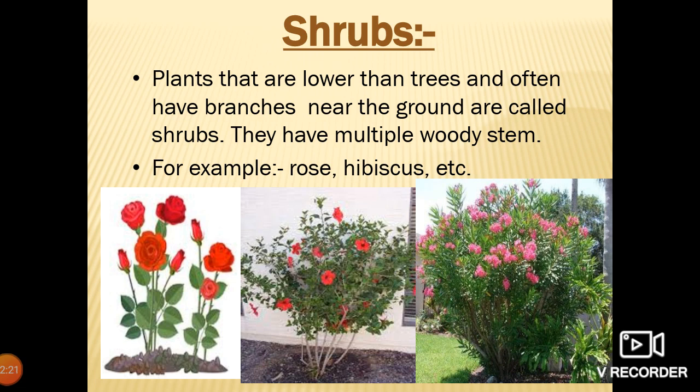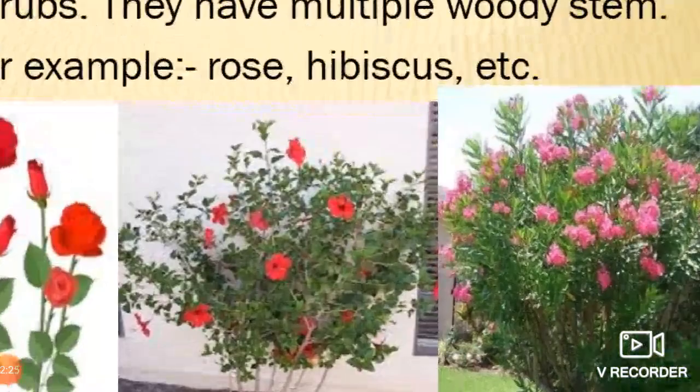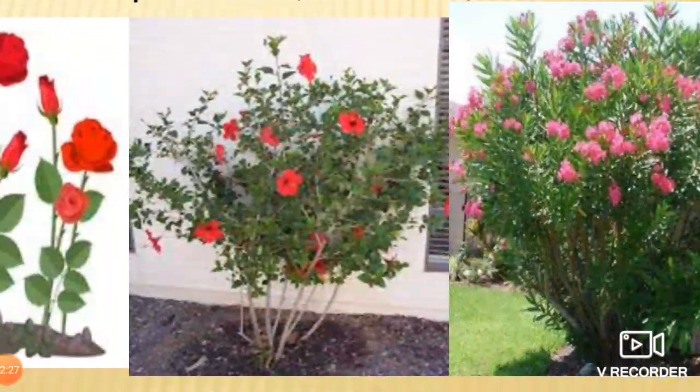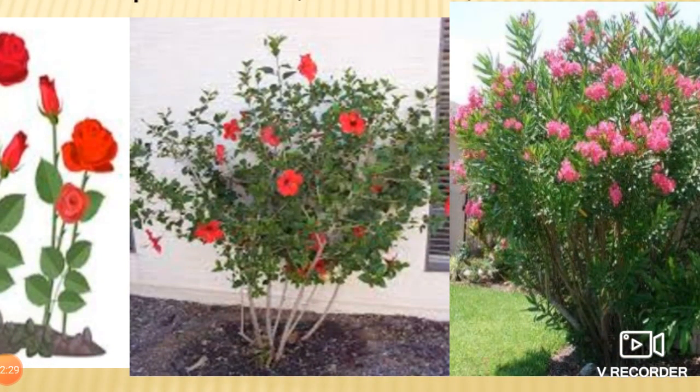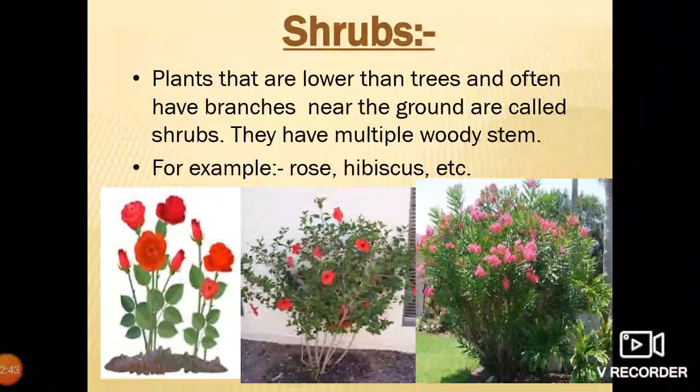These branches grow close to the ground. As you can see in the example of these shrubs, there are so many branches and all the branches grow close to the ground. They are medium in size and they live for several years. Examples of shrubs are rose, hibiscus, jasmine.